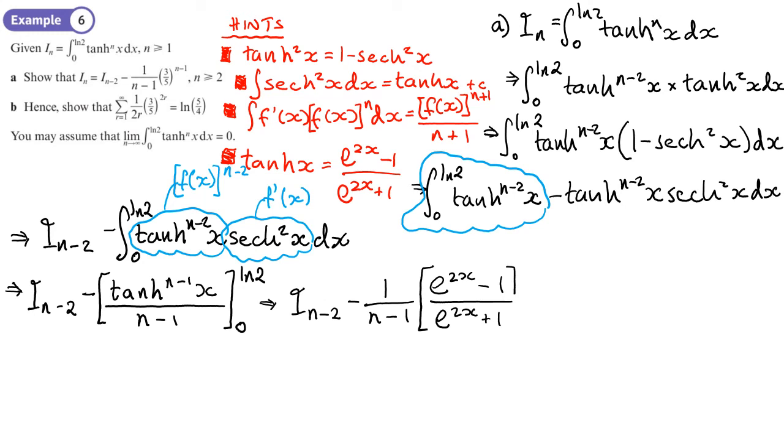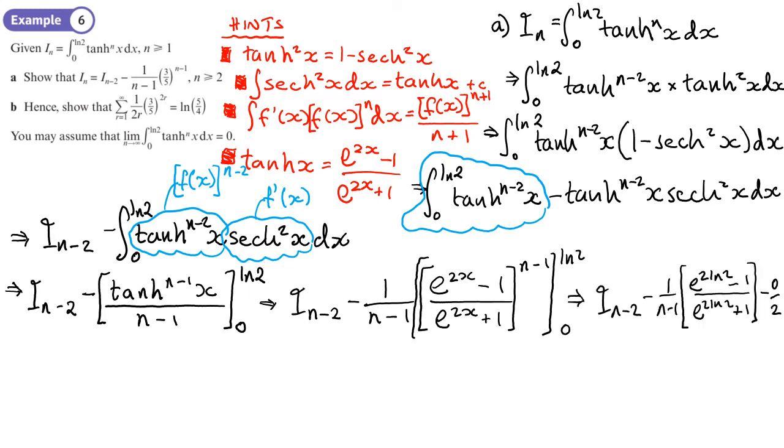Now all of this is to the power n minus 1, and we need to substitute in those limits of log 2 and 0. So here you can see that I've actually written it out.